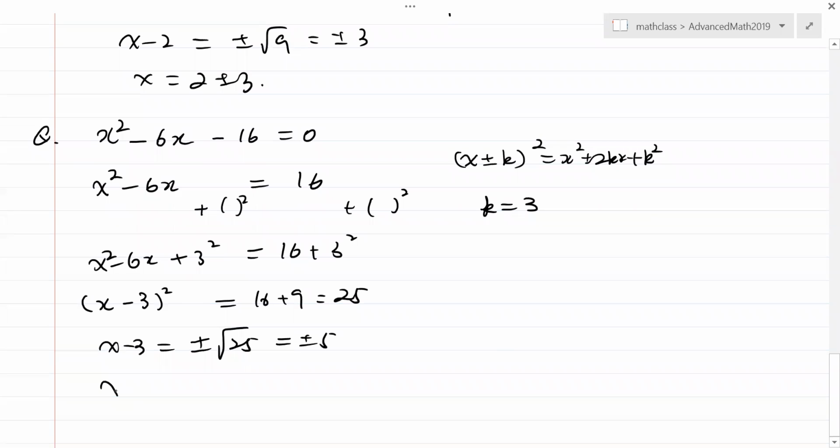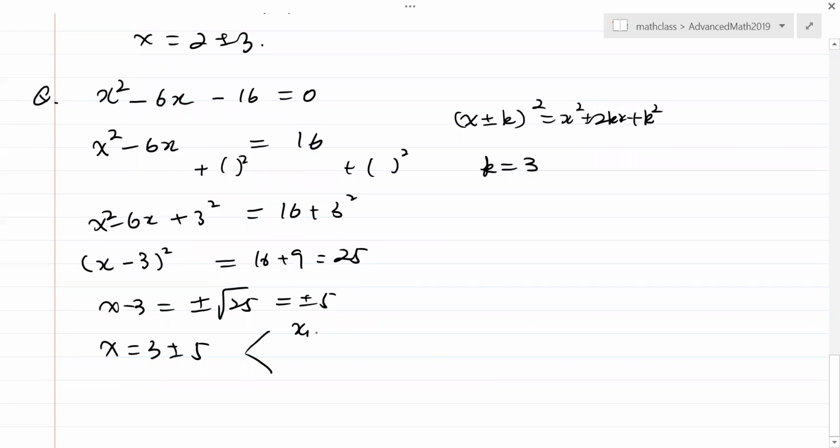So x equals 3 plus or minus 5. So you're going to have two solutions. The second one is negative. Yeah, this is completing the square.